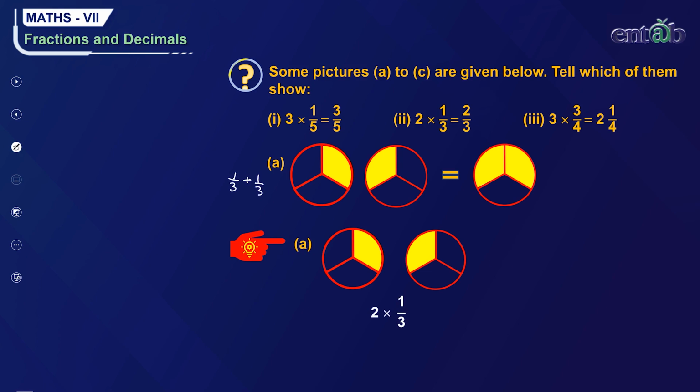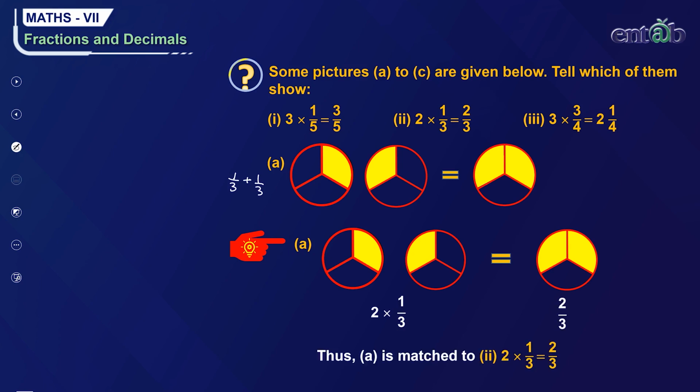If we combine the shaded parts, we get a total of 2 shaded parts. That becomes the fraction 2 over 3. Thus, A is matched to the second part, which is 2 times 1 by 3 equals 2 by 3.